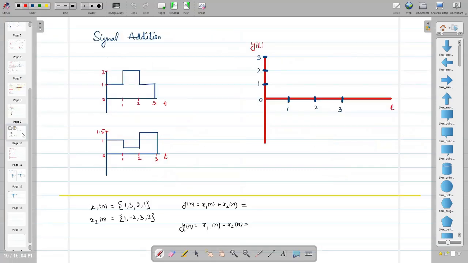Now to make it clearer, here is an example for signal addition. We have x1(t) here and x2(t) here. We just have to read the signals. x1 is constant with amplitude 1, and after that it has amplitude 2 up to 2 units of time, and after that the signal decreases and has a constant amplitude of 1. x2 has a constant amplitude of 1 until 1, and after that it decreases.